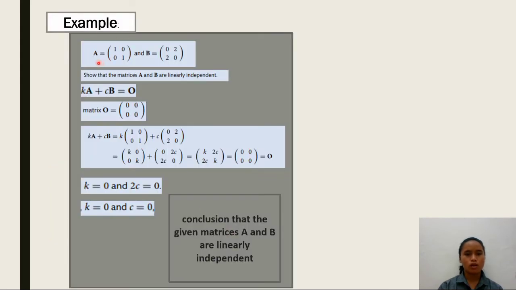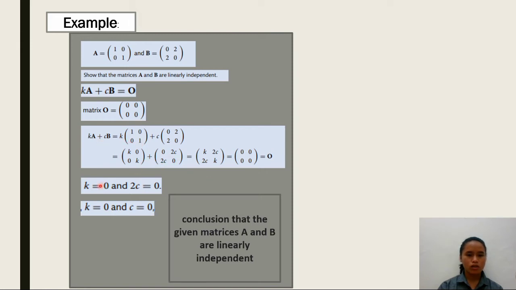Example: we have matrices A and B. To check whether A and B are linearly dependent, we have the formula kA plus cB equals O, where O is the zero matrix. We apply the formula to the problem here.